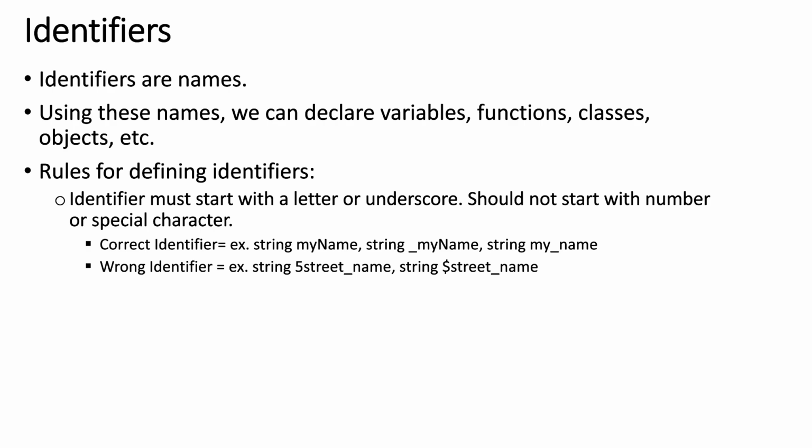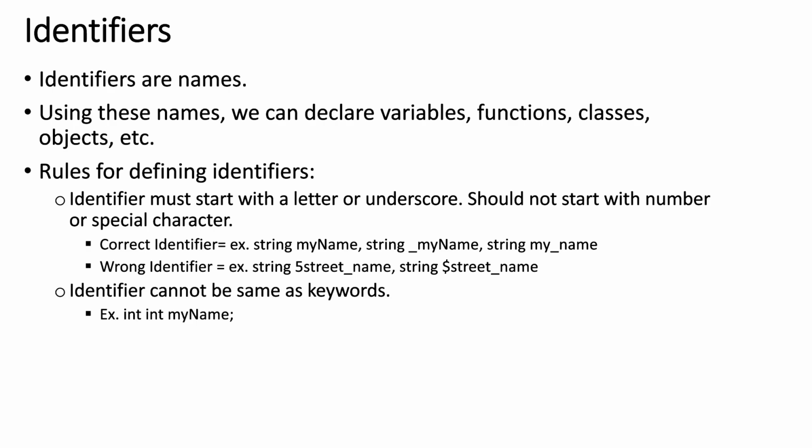The first is the correct example, and the other one is wrong. In the first line, the correct identifiers: string myName, string _myName, and string my_name are correct identifiers. In the second line, the wrong identifiers: string 5street_name or string $streetname are wrong identifiers as they start either with a number or with a special character.